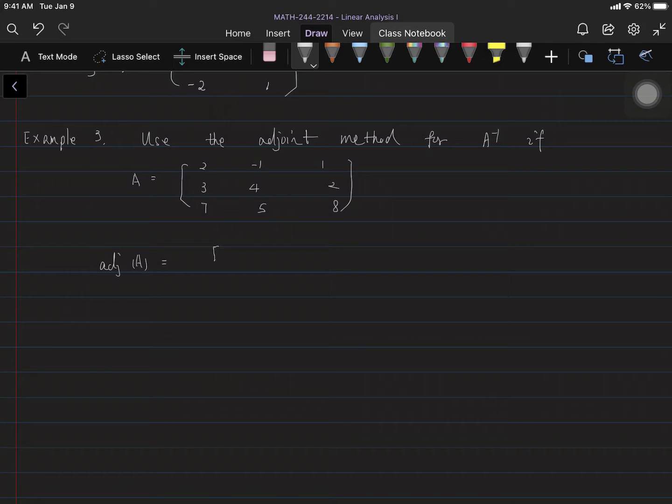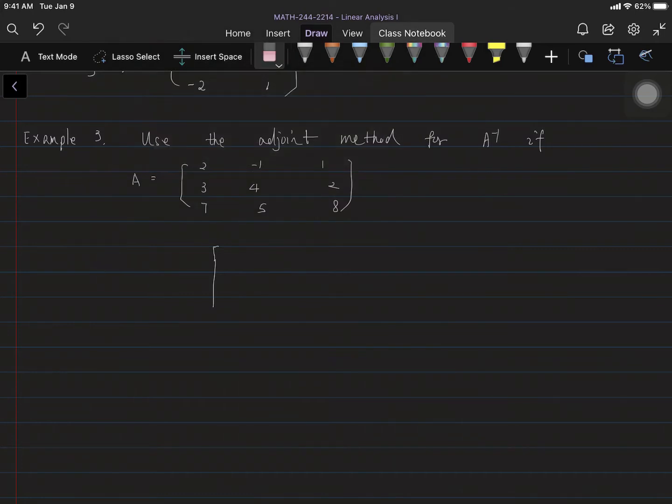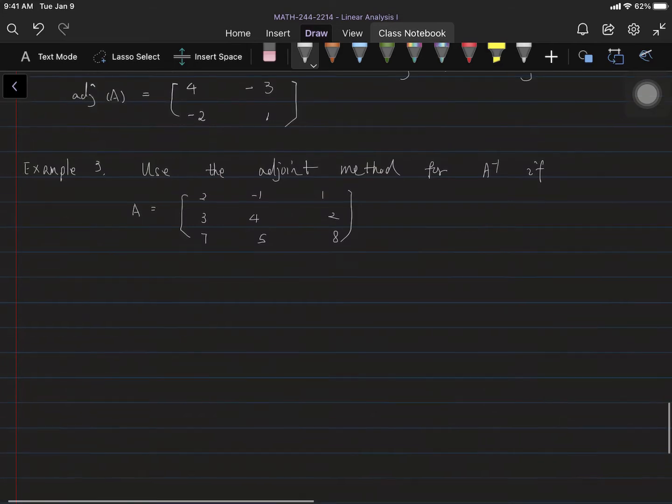It's also called the matrix of cofactors. Okay, for 2 by 2 we can find that directly, but for here let's find the cofactor matrix, and this is called cofactor matrix because we need to transpose this later.